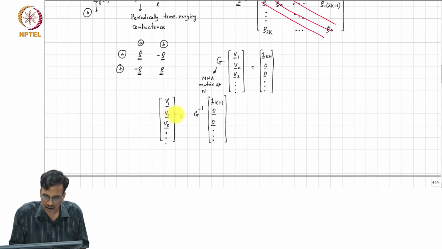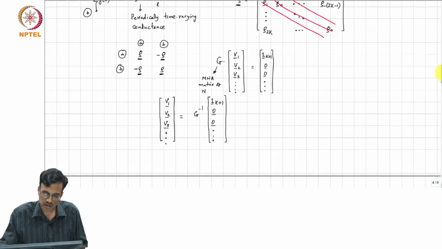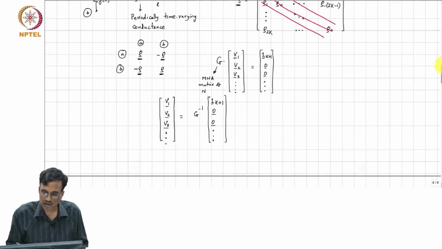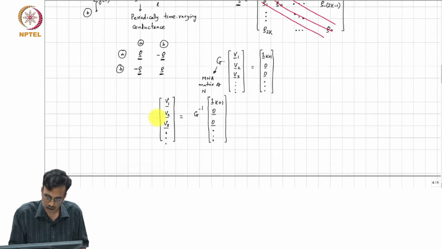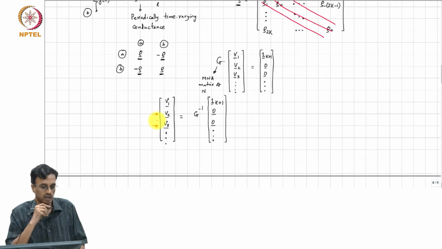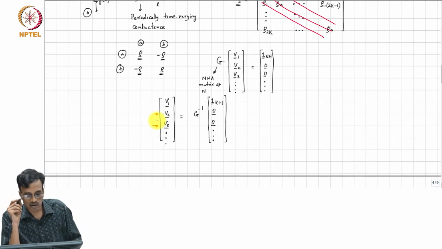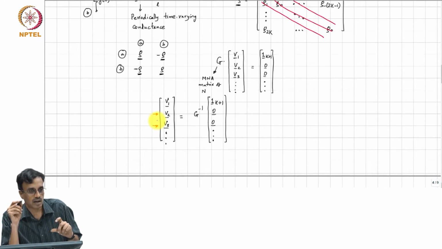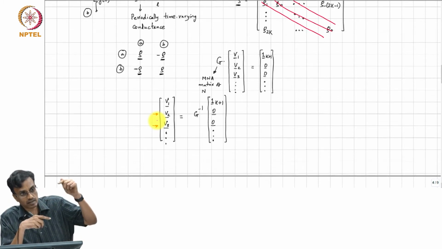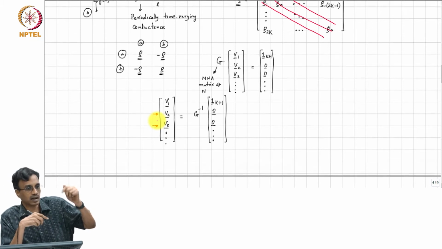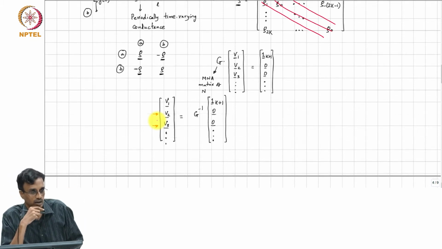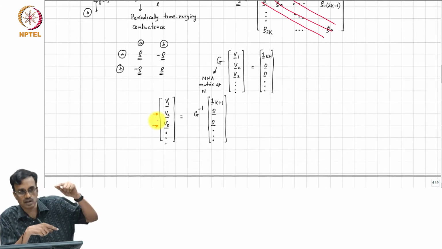Now, we are not really interested in all the node voltages. Which node voltages are we interested in? We are interested in these two voltages, and remember that the V 2 vector and V 3 vector each contain 2k plus 1 components. So, we are not really interested in all those numbers either, right.